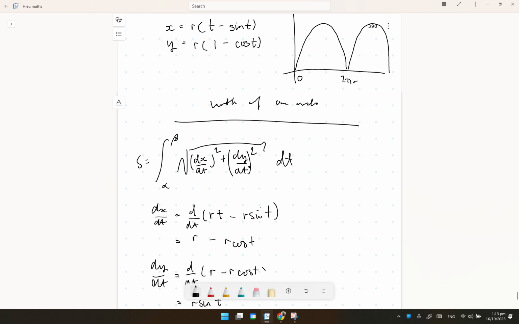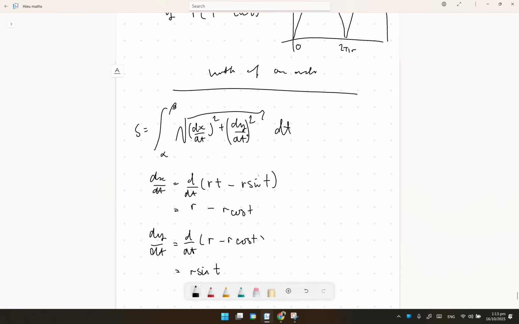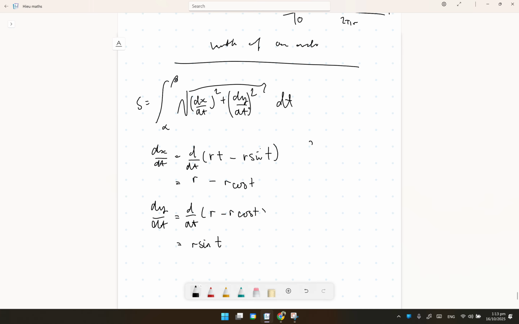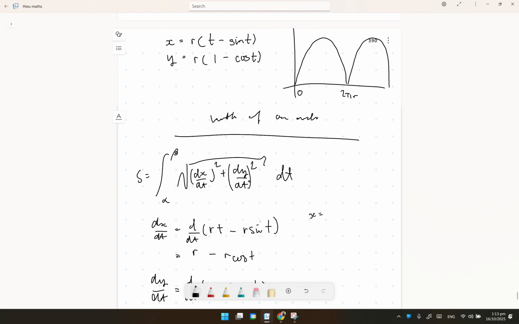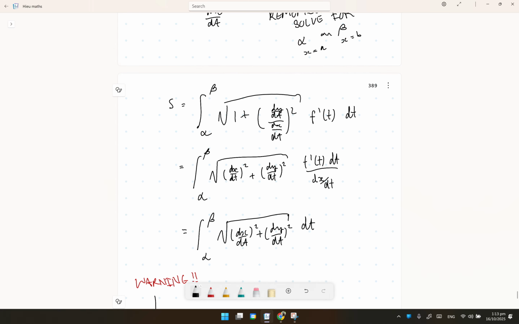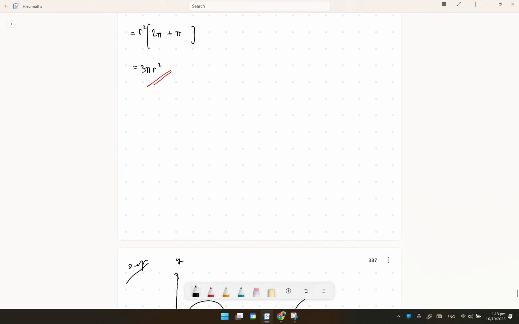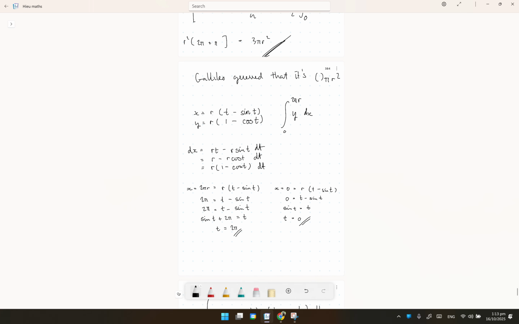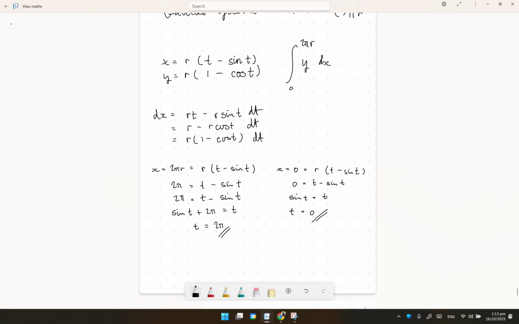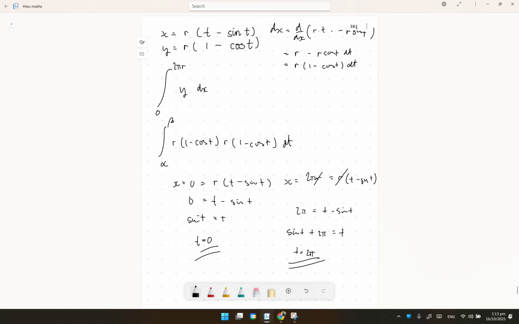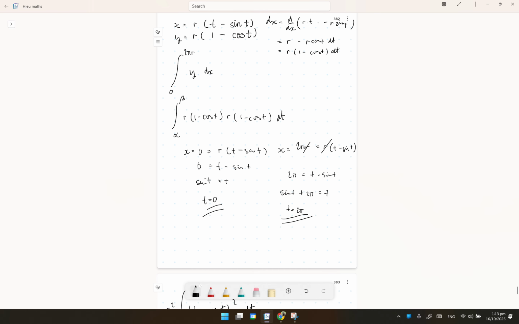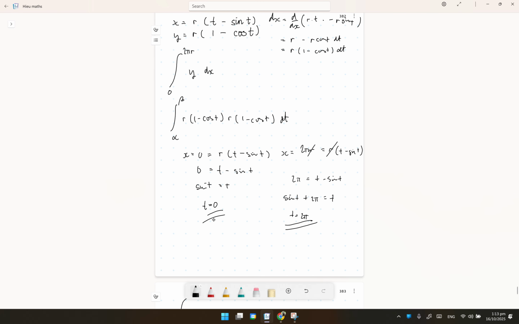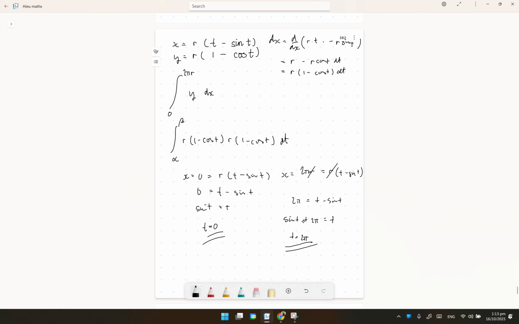And so next what we have to do is find the limits. We found the limits before, so let's just reuse them if you've seen my previous video. The limit is going to be from 0 to 2 pi.